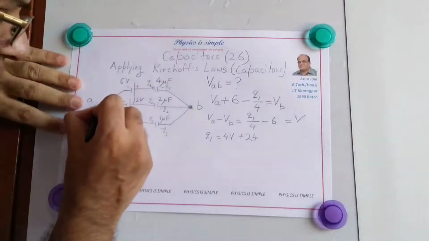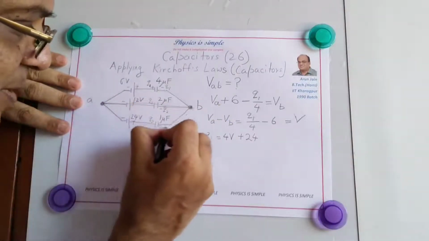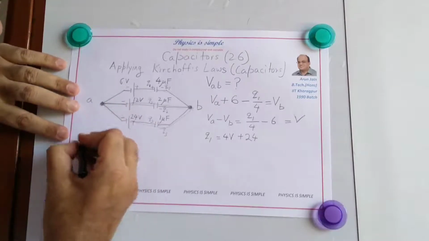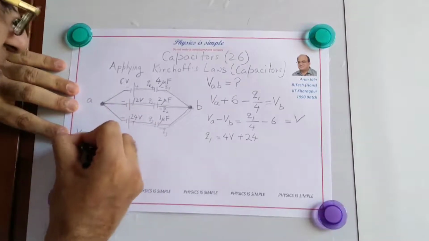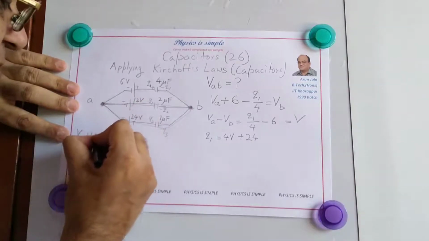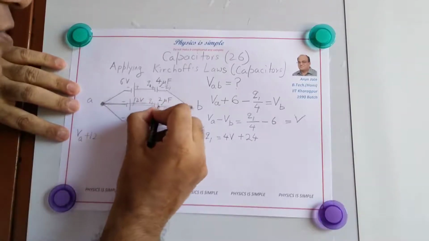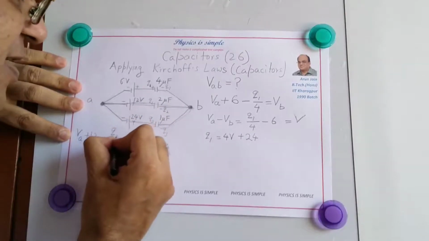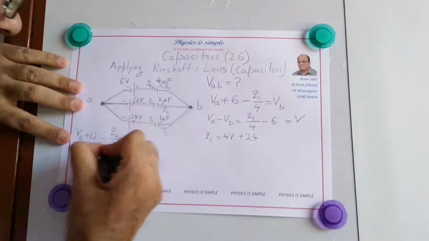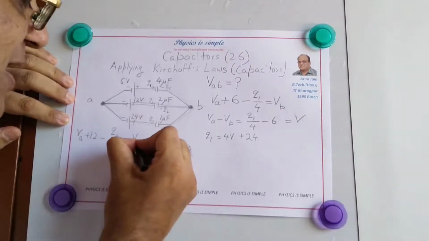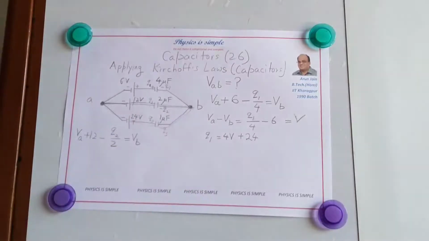Now we'll do the same thing for this path and then this path. So now we start again from A. The potential is VA. We come to this battery, and we go up by 12 volts. Then we come to this capacitor, and we come down by charge by capacitance, which is 2 microfarad. And then we come to B, where the potential is say VB.